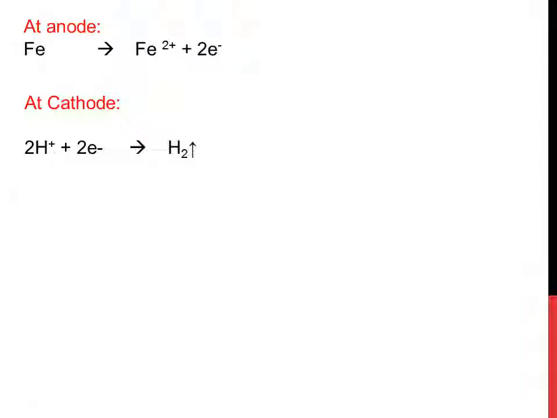At the cathode, reduction of H+ ion takes place, involving the evolution of hydrogen gas in the absence of oxygen. Under alkaline conditions, even in the presence of oxygen, it results in the formation of hydroxyl ion. This is how you can represent the reactions at the anode and cathode.